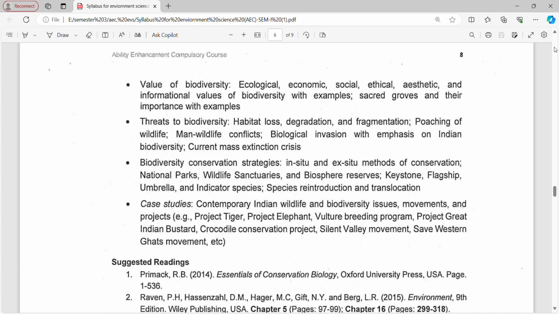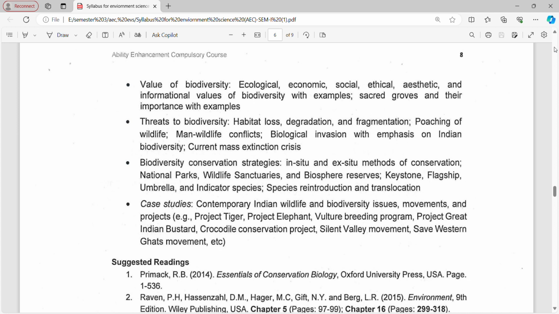Then threats to biodiversity: habitat loss, degradation, fragmentation, poaching of wildlife, man-wildlife conflicts, biological invasion with emphasis on Indian biodiversity, current mass extinction crisis. Then biodiversity conservation strategies: in situ, ex situ methods of conservation, national parks, wildlife sanctuaries, biosphere reserves, keystone, flagship, umbrella and indicator species, reintroduction and translocation.